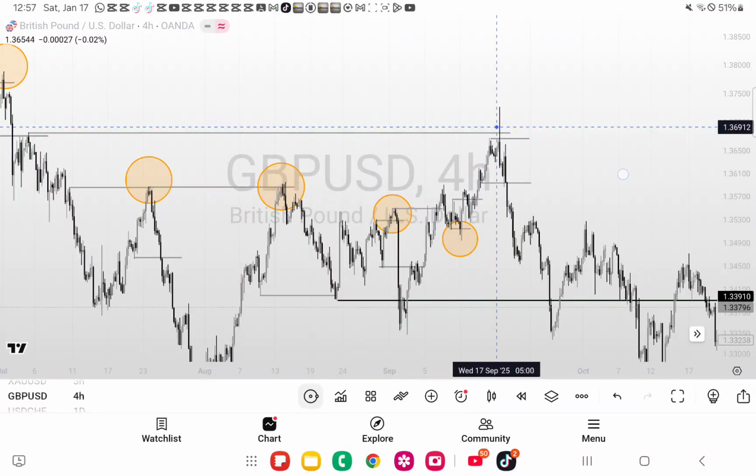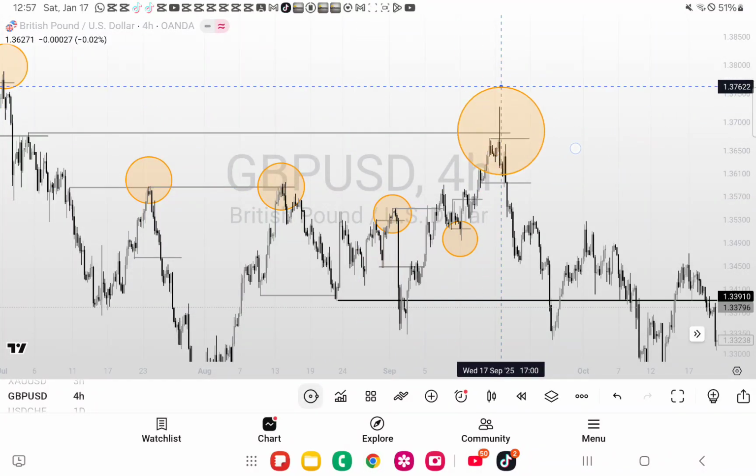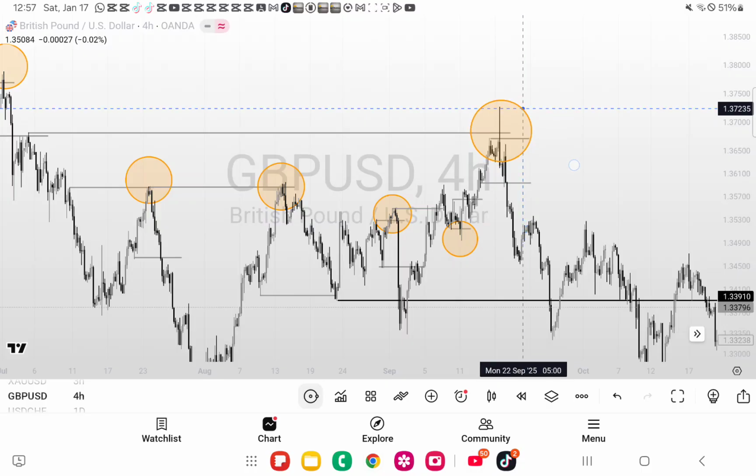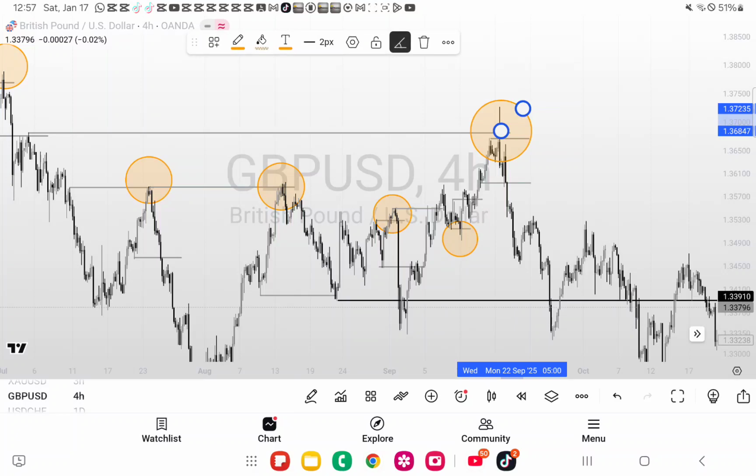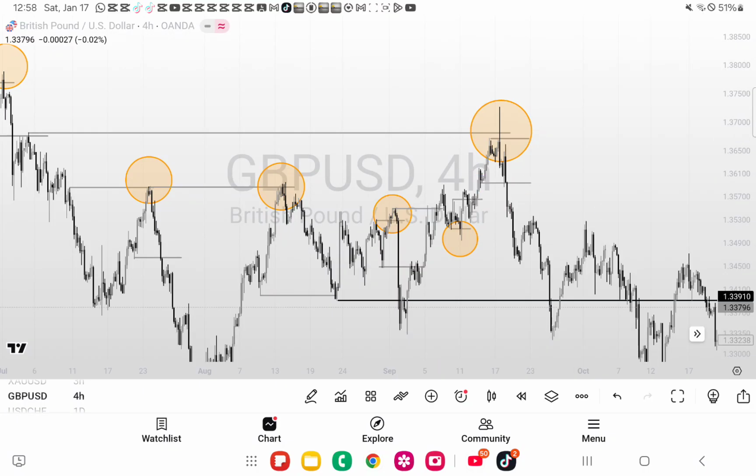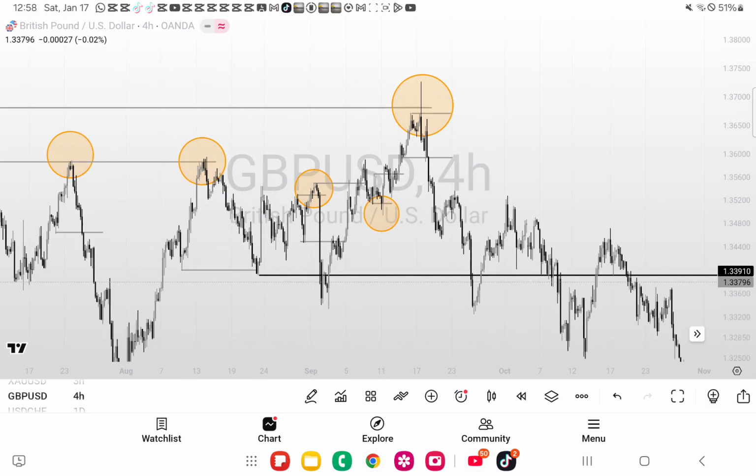This is a formation of a new strong high. After price have taken out all the liquidity from the internal structures, this is a new strong high that we have, right? So this is a beginning of a new trend. So we have this strong high and we have this change of character. So we are dropping to the downside.